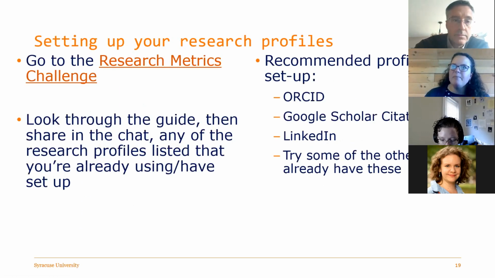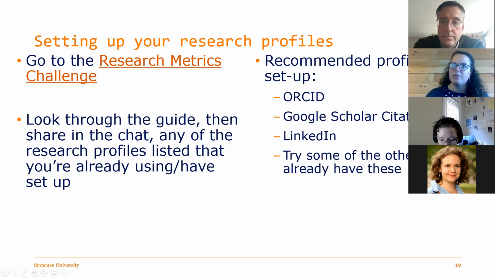I'm going to come back to this in just a couple minutes, but I want everyone to jot this down really quickly. We have a research guide on the library's website called the Research Metrics Guide, and I'll post a link to it in the chat.